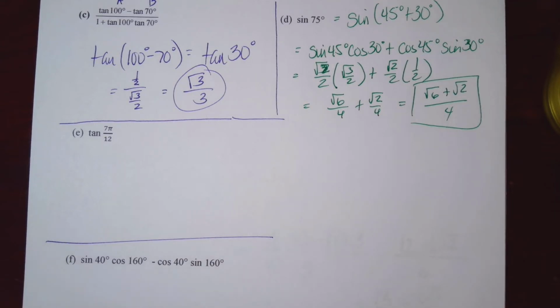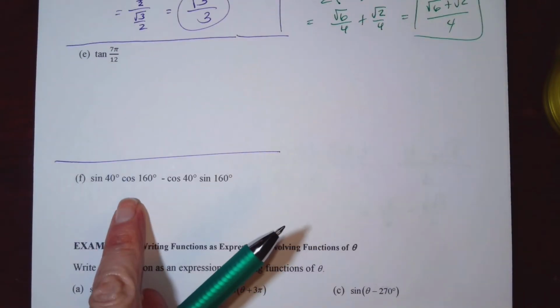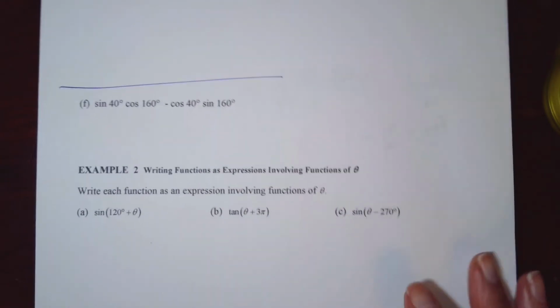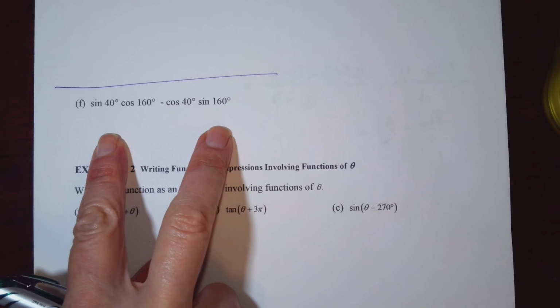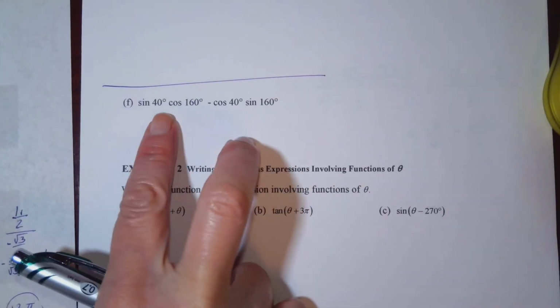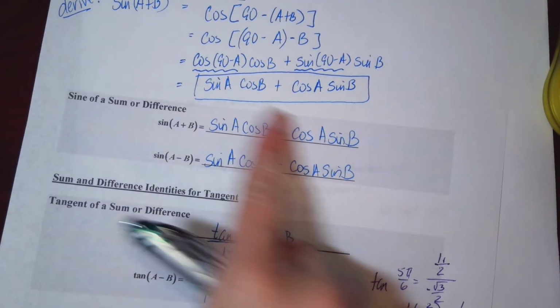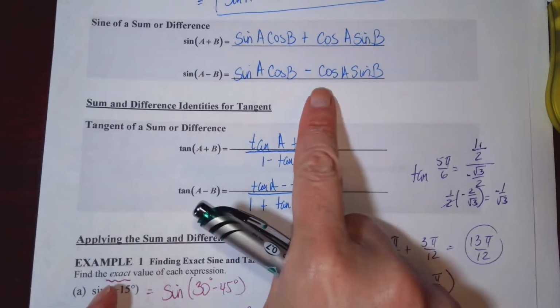All right, we're going to do a couple more. Let's do F really quickly because it's using the right side. This one is super simple. I want to say, okay, this is the right side of one of my identities. I've got sine, cosine, cosine, sine. So that's going to be one of my sine identities. I'm subtracting here, so that's sine difference.